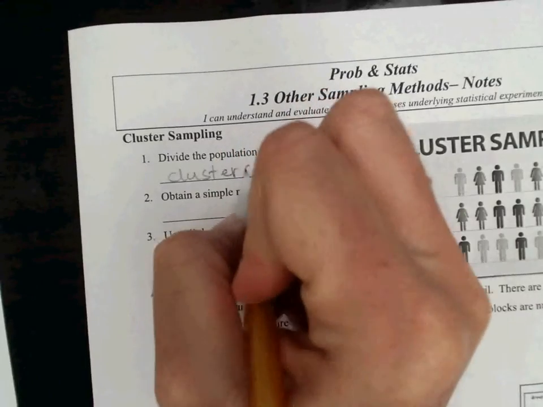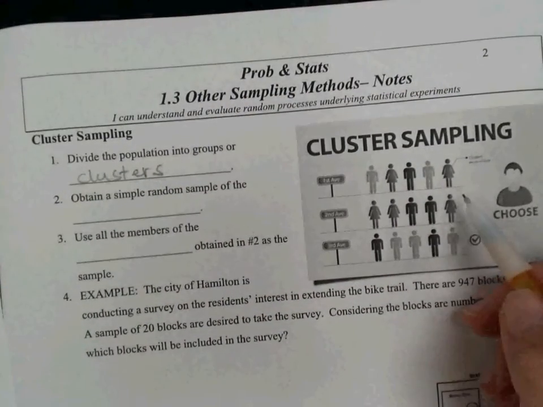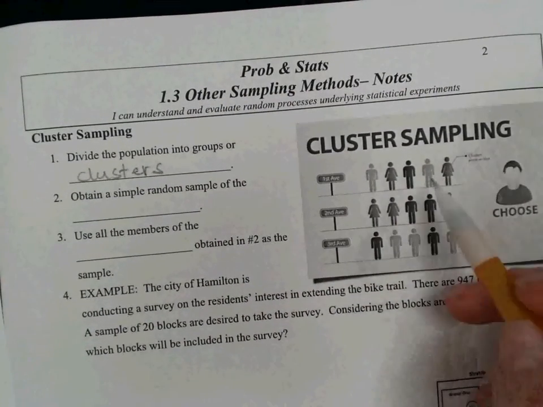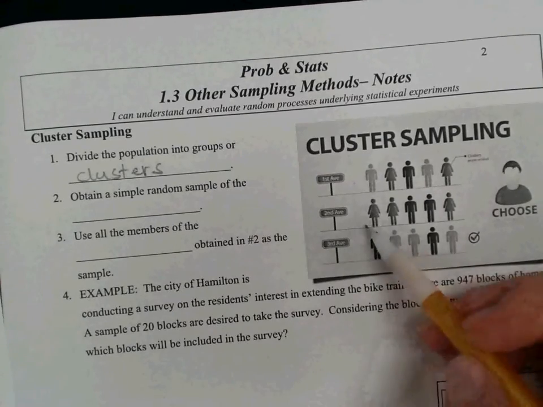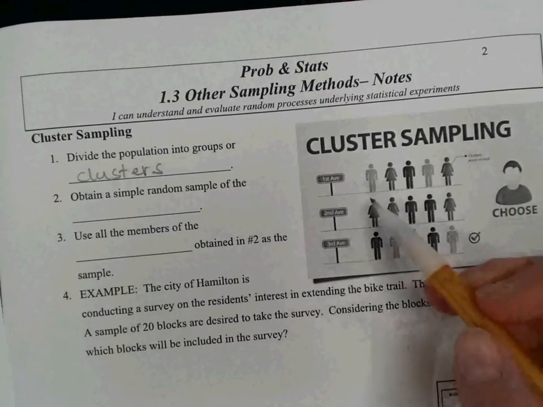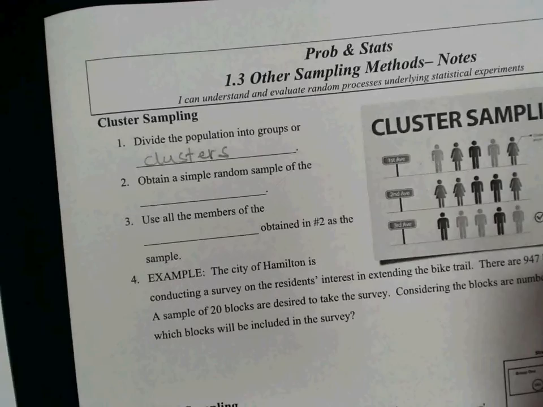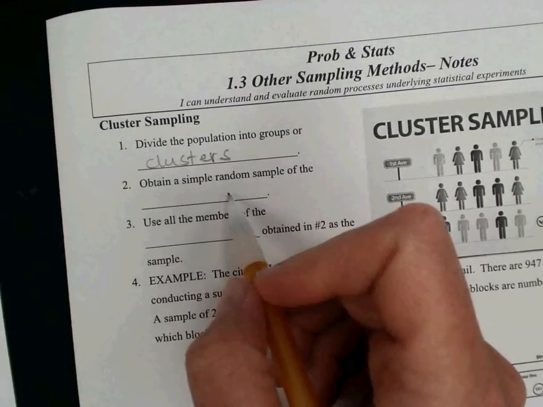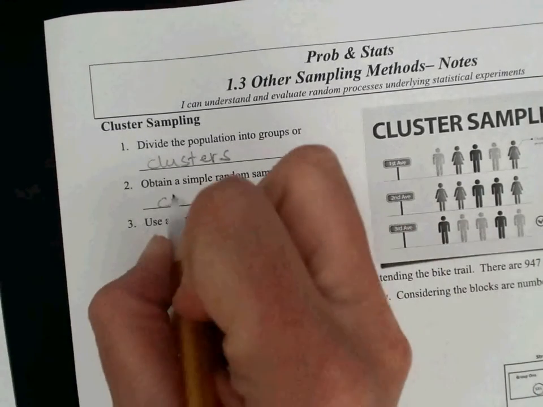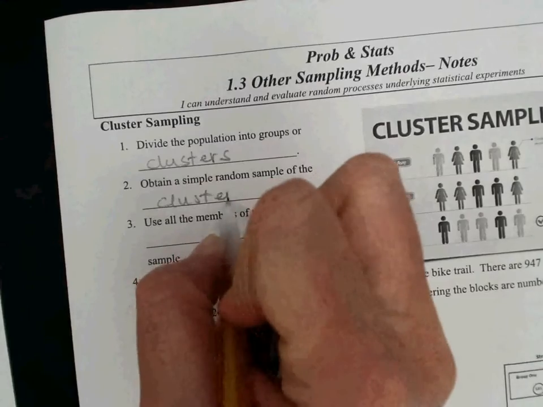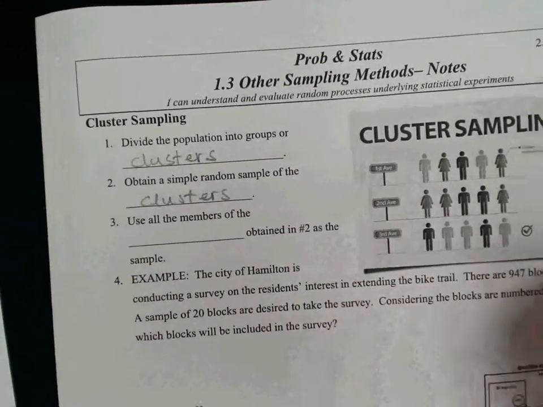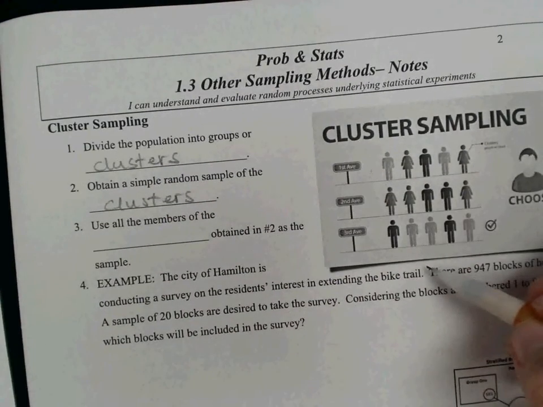So you can see here in the picture, there's a population that is divided by different blocks in a neighborhood. Then you'll obtain a simple random sample of the clusters. So maybe out of these 3 blocks, we would want a sample of 1 block.